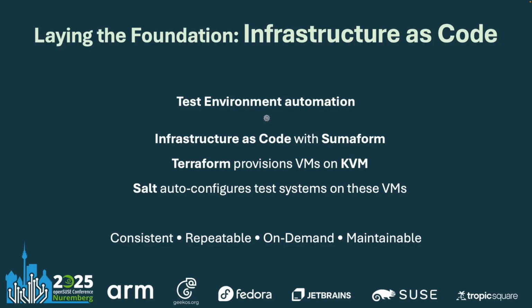On demand, we can create these complex environments quickly, whenever we need them, instead of relying on a small number of static fixed setups. And last but not least, maintainable: changes and updates to how the environment is set up are tracked in code. So this infrastructure as code helps us to roll out changes in a structured way.